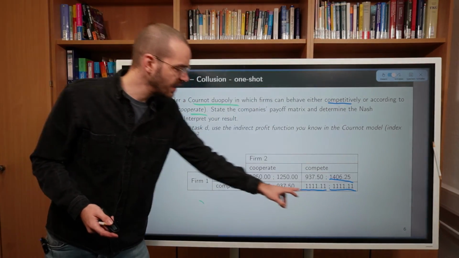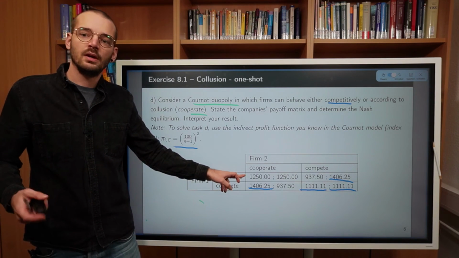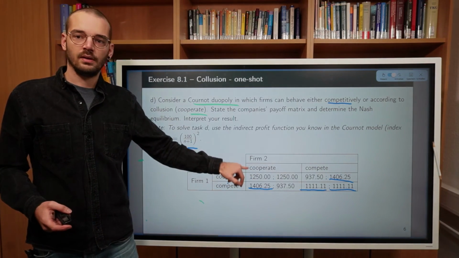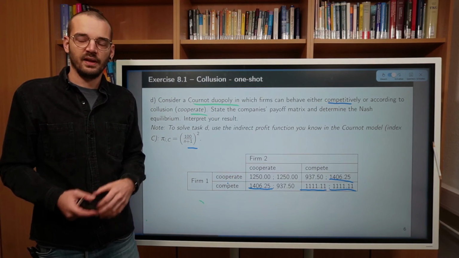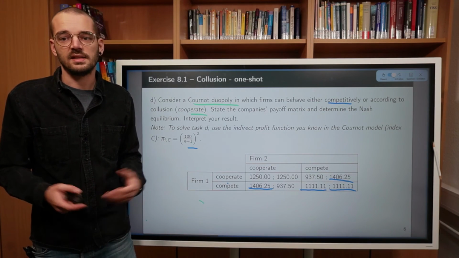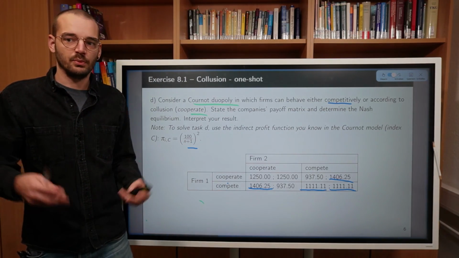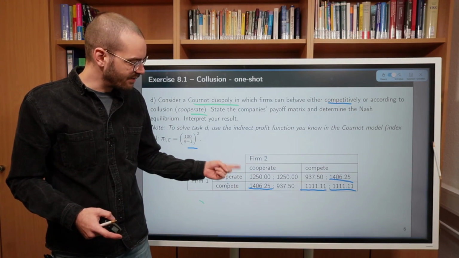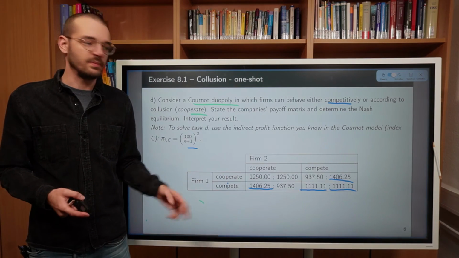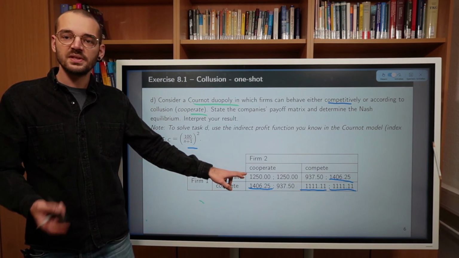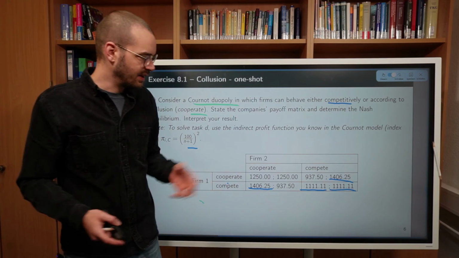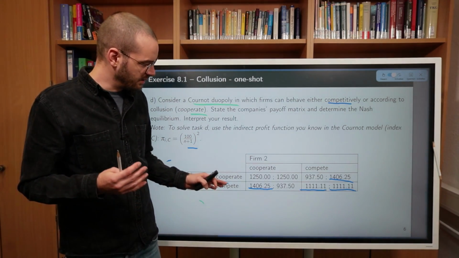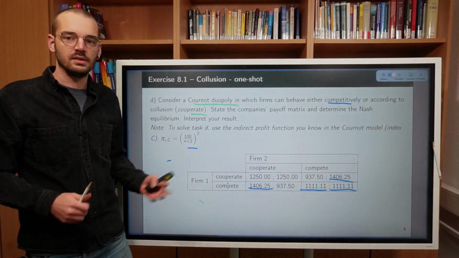Both firms could have higher profits if they were able to commit to cooperation, but because this is a one-shot game and firms are making their decisions simultaneously, we are in the situation of the prisoner's dilemma, where both firms have an incentive to individually deviate from this Pareto optimal situation, so that in the end we'll find ourselves in a situation where it is the only Nash equilibrium to compete for both firms.